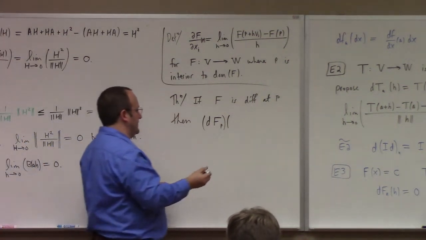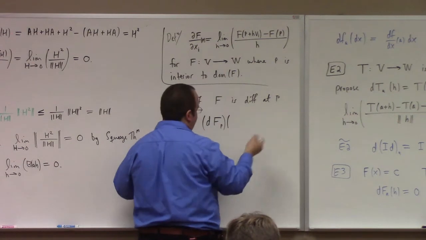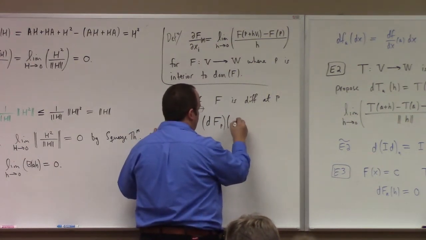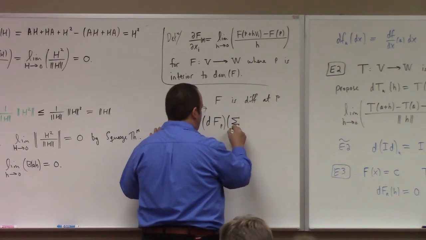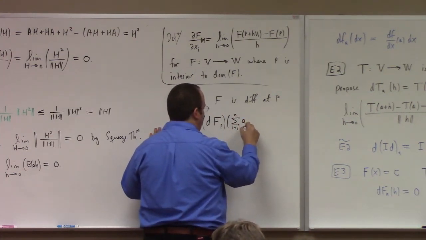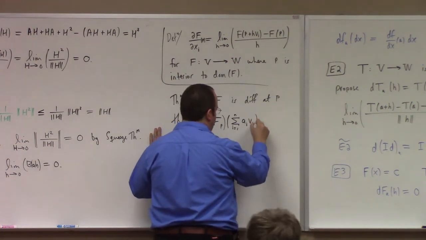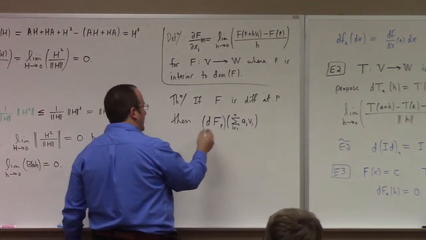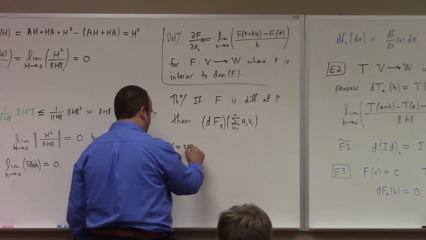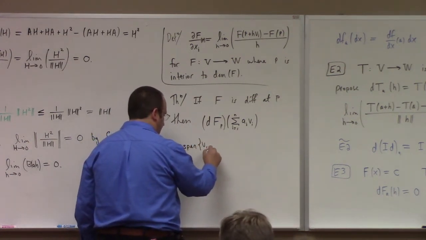I need a sum over i equals 1 to n of a sub i, v sub i, okay? So here I'm letting the domain have the span of v1 through vn.